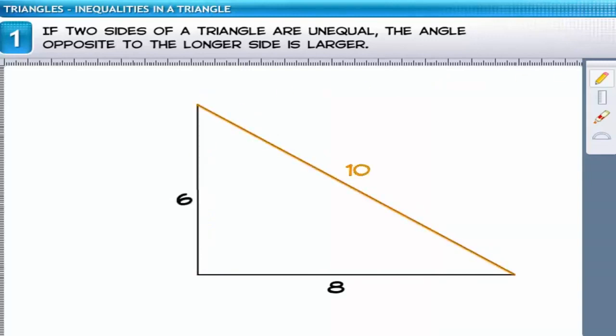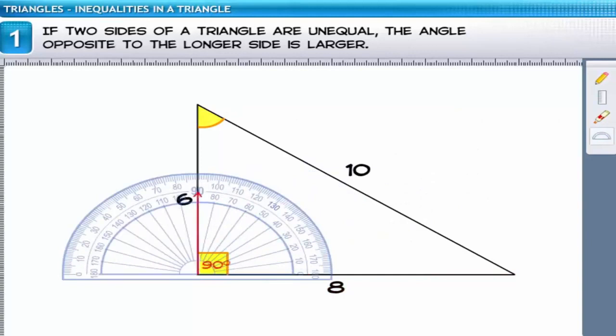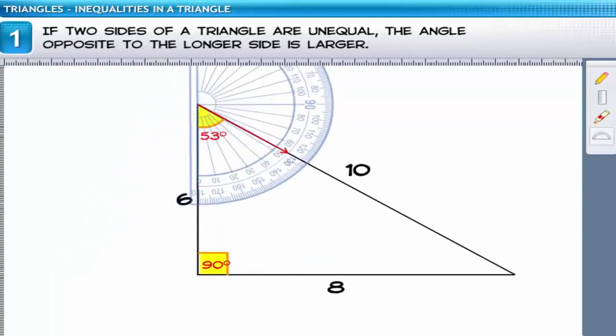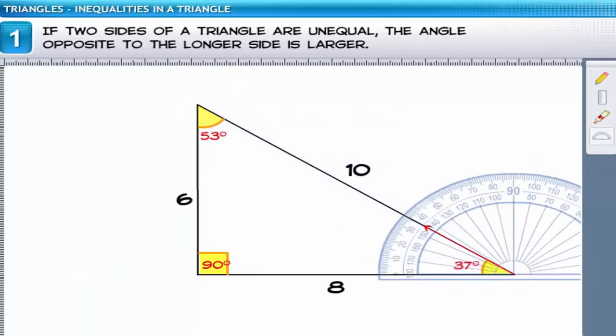Of these, the 10-unit stick is of greater length. Now compare the angles opposite to the 10-unit stick and the 8-unit stick. You can observe that the angle opposite to the 10-unit stick is greater. Likewise, you can verify the angles opposite to the 8 and 6-unit sticks. As an exercise, you can verify other triangles also.